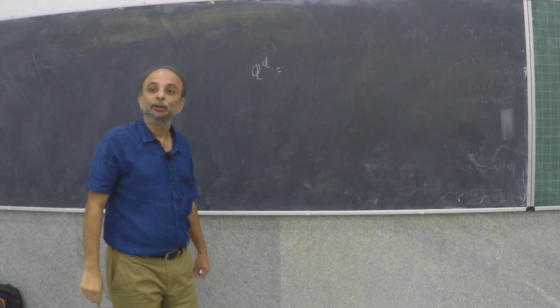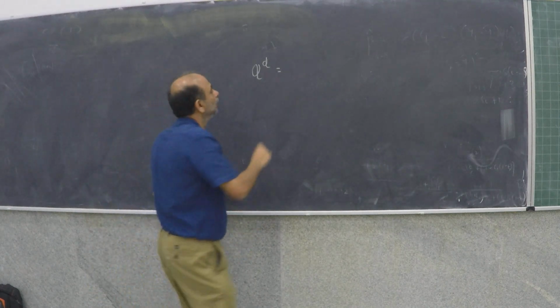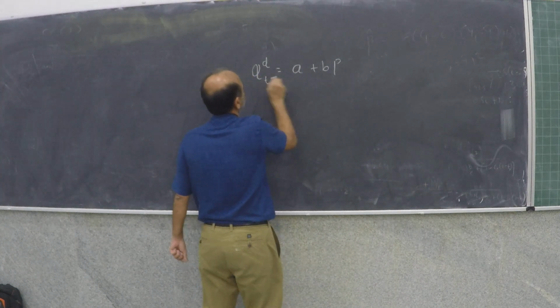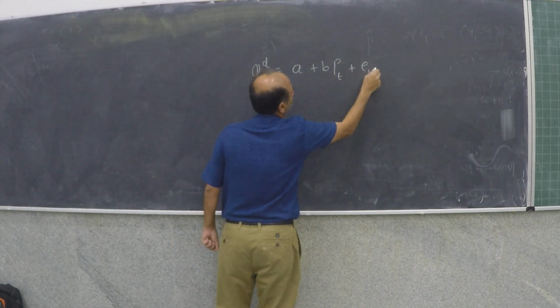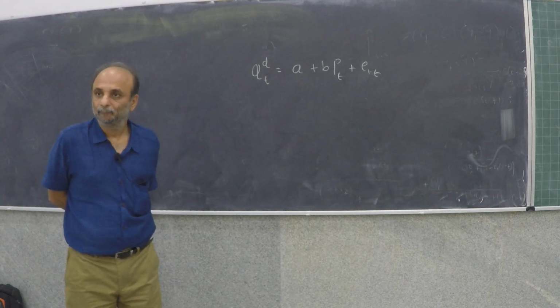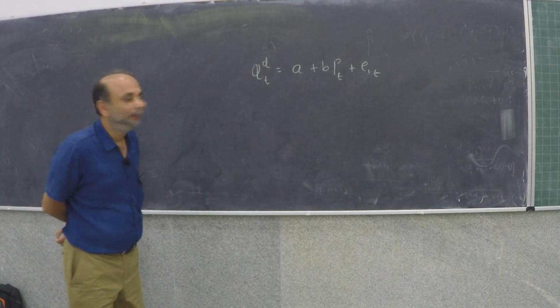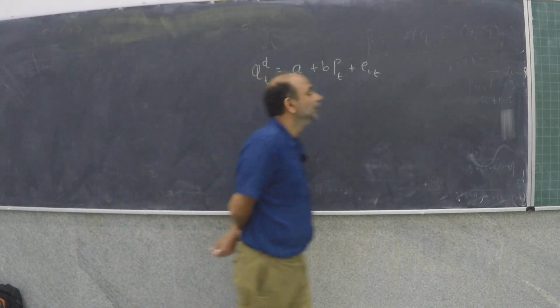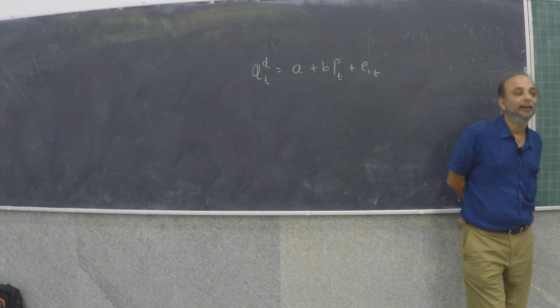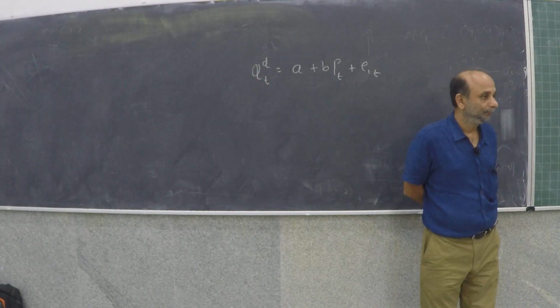What does demand depend upon? Price. We'd expect B to be negative. Quantity demanded is A plus B PT plus E1T, where E1T is the usual error term.